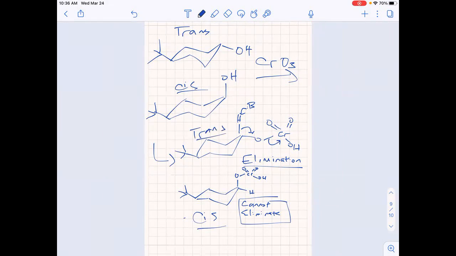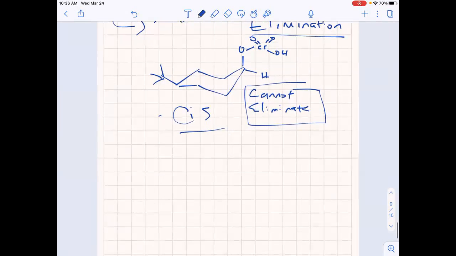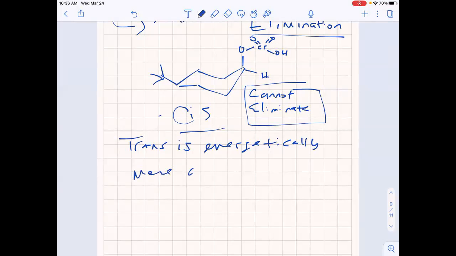So the trans again is going to be more reactive, and it's going to react faster, just from the perspective of energetics, the trans is more accessible. I'll put that down here. All right, so the trans is energetically more accessible.